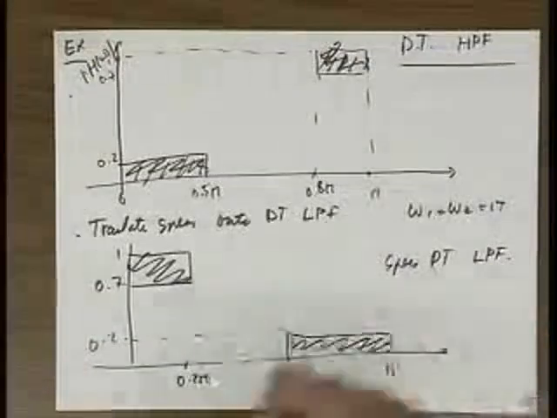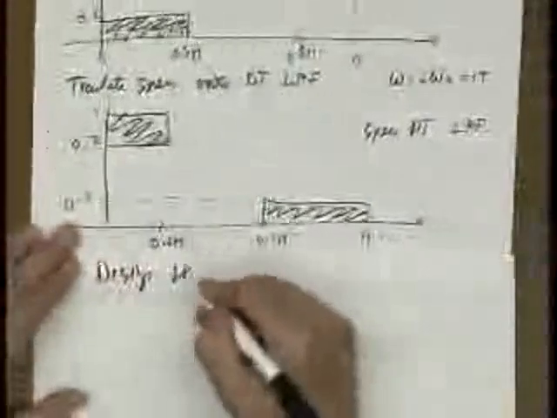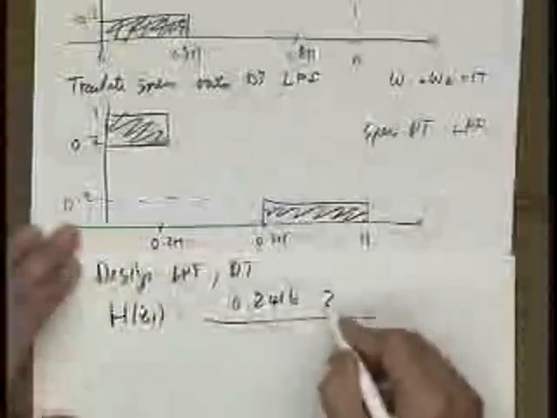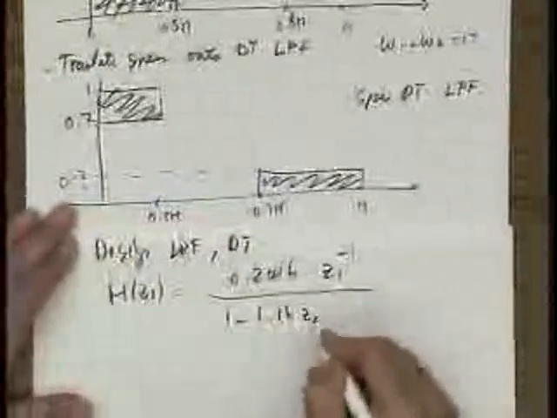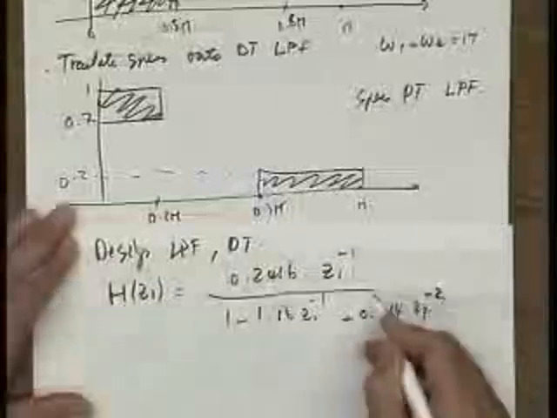And now you end up designing this low pass filter, and I won't go into the details of it. But if I design that discrete time low pass filter, I get H of z1 equals 0.2416 z1 inverse over 1 minus 1.16 z1 inverse plus 0.414 z1 to the power of minus 2.